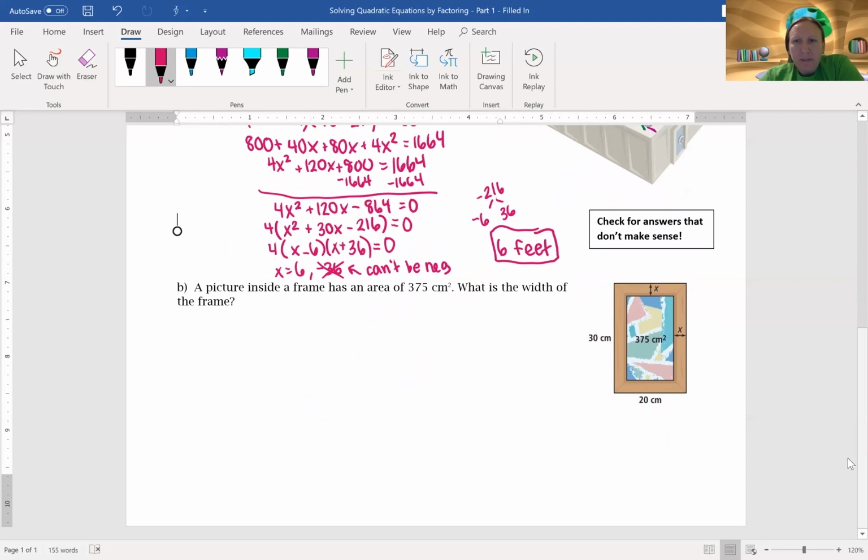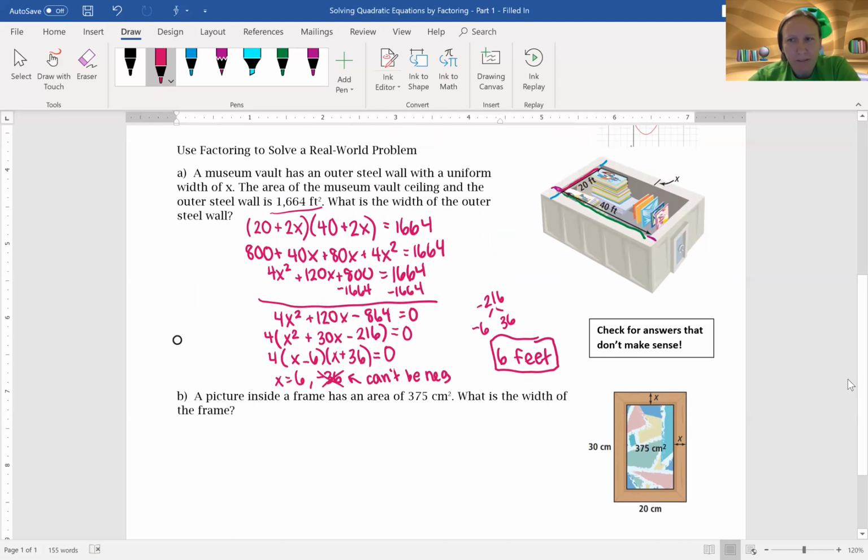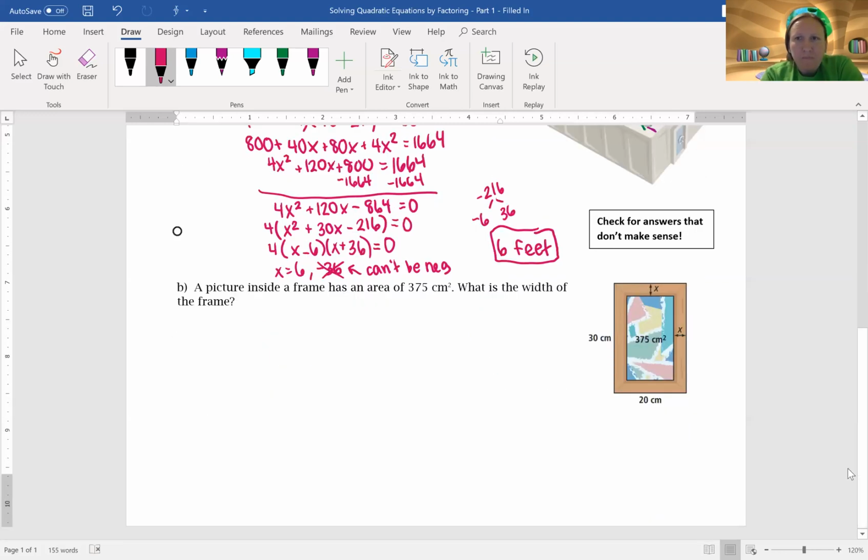So this one's a little bit different because we have those outside dimensions and then the inside area. Whereas the last time we had the inside dimensions and that whole outside area. So that's a little bit different here. And if we know this area, we need to figure out a way to write expressions for that length and that width right here.